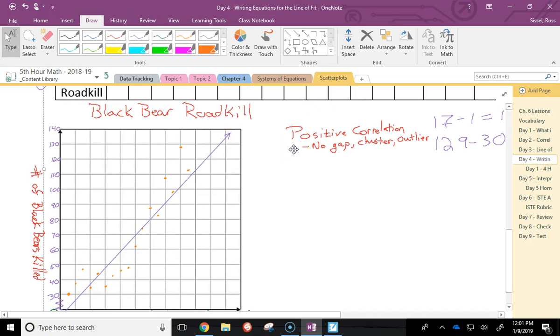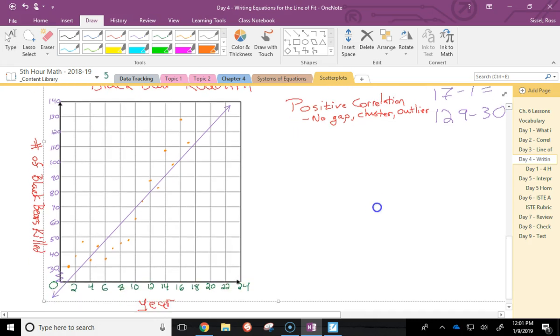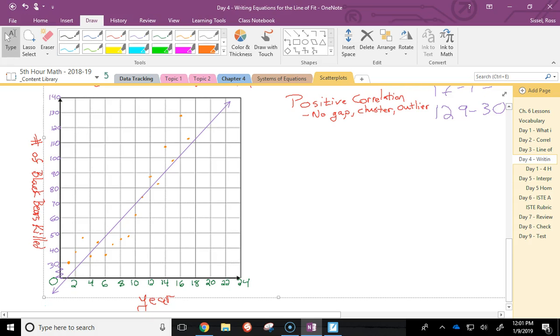Alright. Guys, you should have your line in there now. Your line should look something halfway similar to mine. Try to cut through our points.